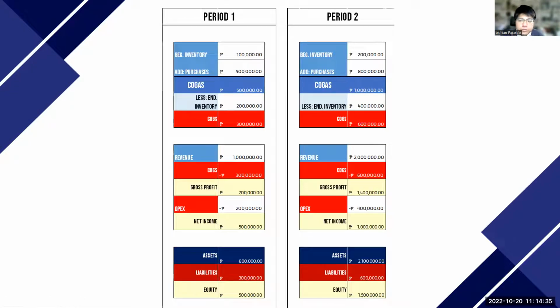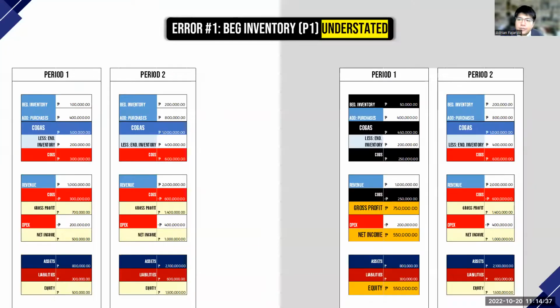Now, we go to errors. Error 1. Your beginning inventory is understated. So as you can see, this is the given. Beginning inventory should be 100,000. You made an error. The beginning inventory is 50,000. It's understated. So now, that one simple mistake will have a lot of repercussions, and you have to understand what the repercussions are.